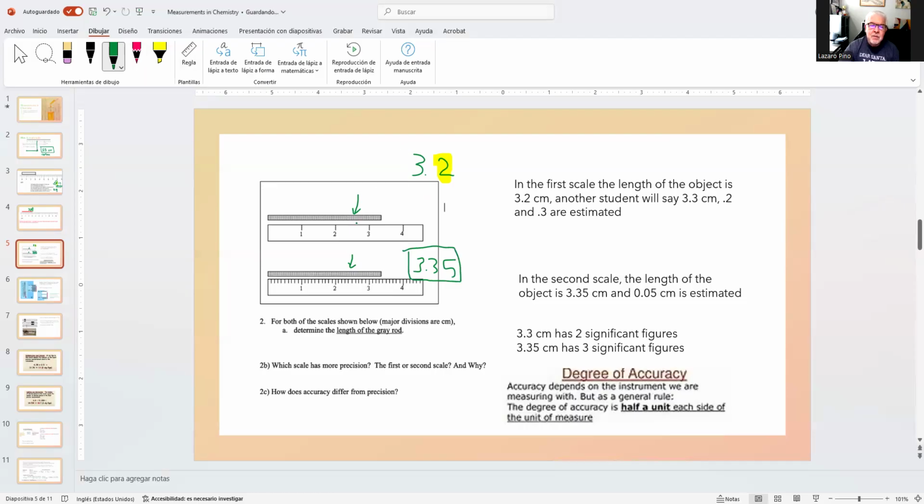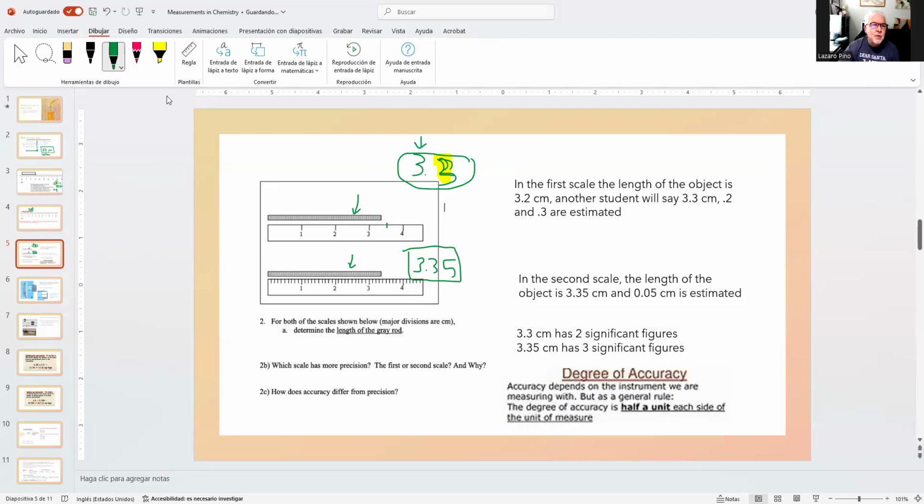By using the other one, I say 3.2, but better we can say 3.3, because it's almost, look, here would be more or less 3.5. For sure, you're sure that the length of this object is 3 centimeters, and you estimate the 0.3.